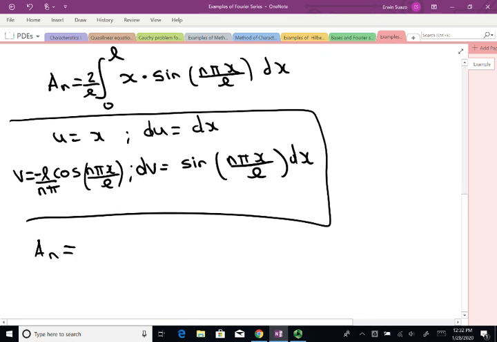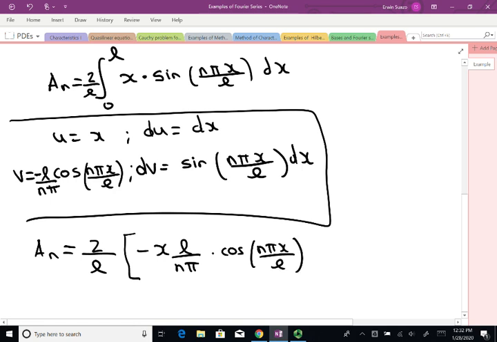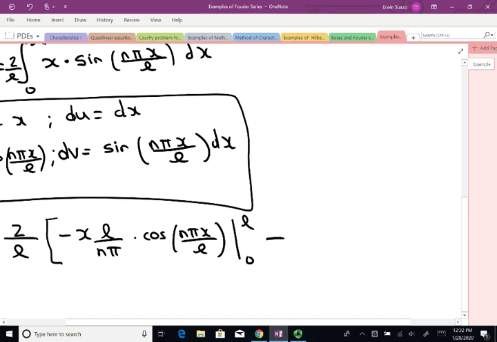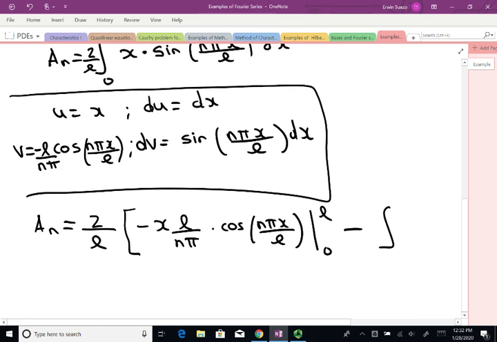a sub n equals 2 over L. On this you have to be careful. Do it slow, don't try to skip steps, because this is fine if you go slow. If you start going fast, you're gonna make mistakes. Okay, u times v: that's minus x times L over n pi times cosine n pi x over L, and this is between 0 and L, minus the integral of v du.